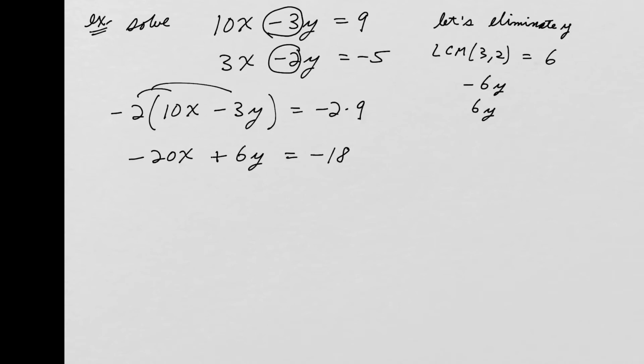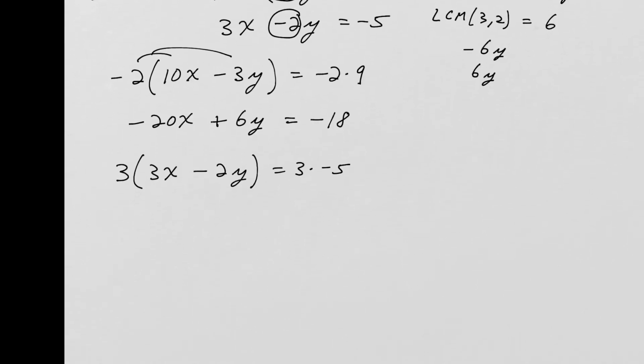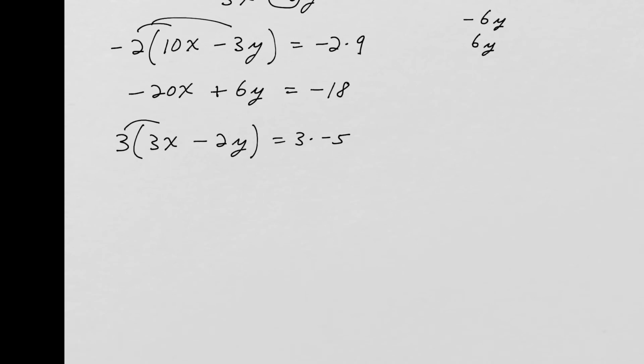So I want to multiply the second equation, both sides, by a positive 3. So if I distribute this 3 here, I'm going to have 9x minus 6y. That's what I wanted, by design, negative 6y equals negative 15.